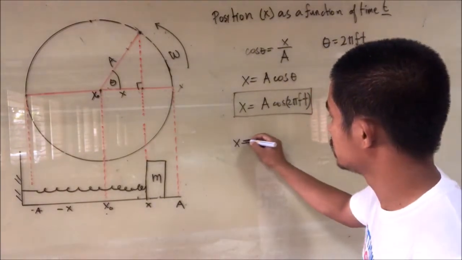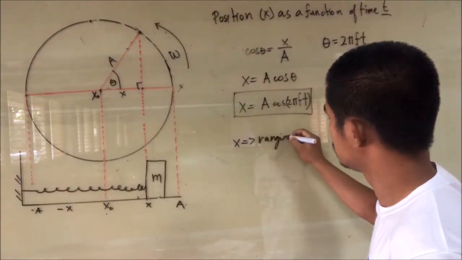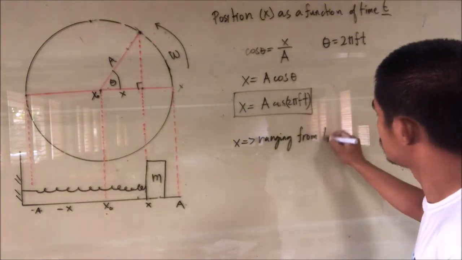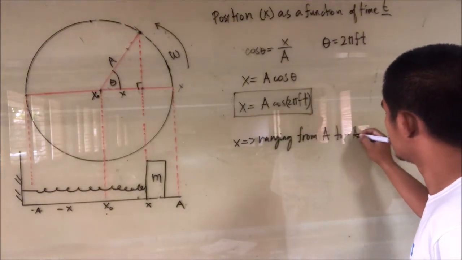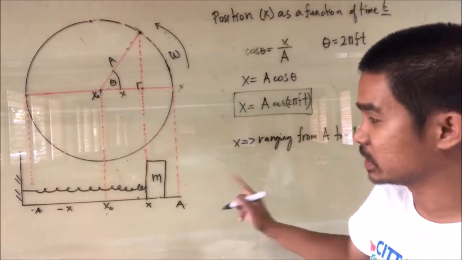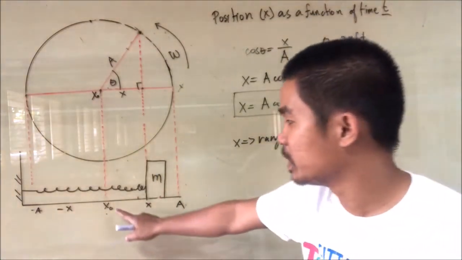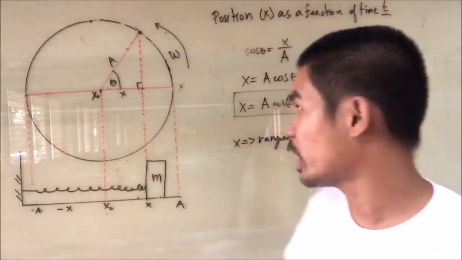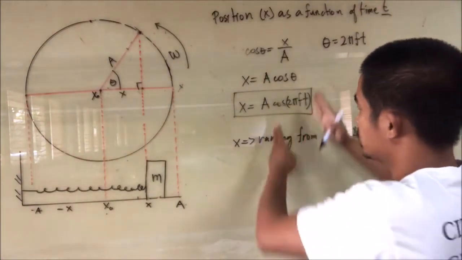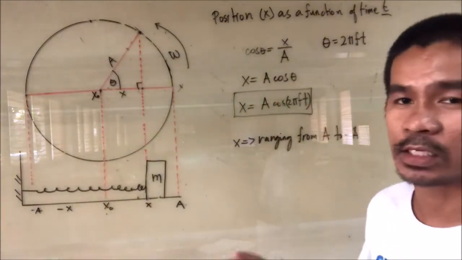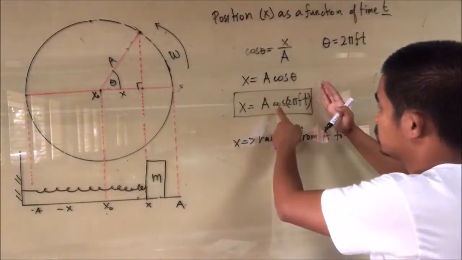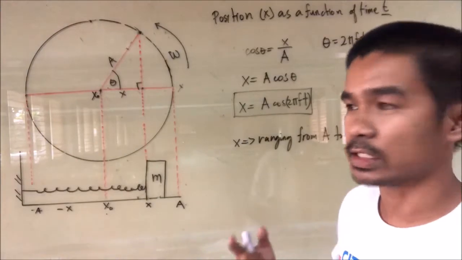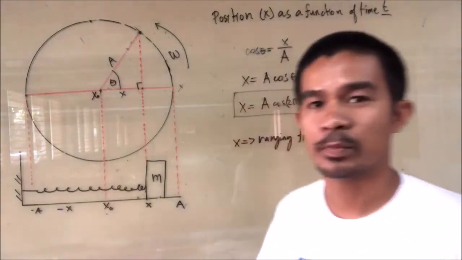Position x ranges from A to negative A. The maximum displacement is A, either A or negative A from the equilibrium position. Since the cosine of an angle ranges from 1 to negative 1, if the cosine is 1, then 1 times A gives A as the magnitude of displacement, or if the cosine of 2 pi f t is negative 1, times the amplitude, then we have a negative amplitude displacement.